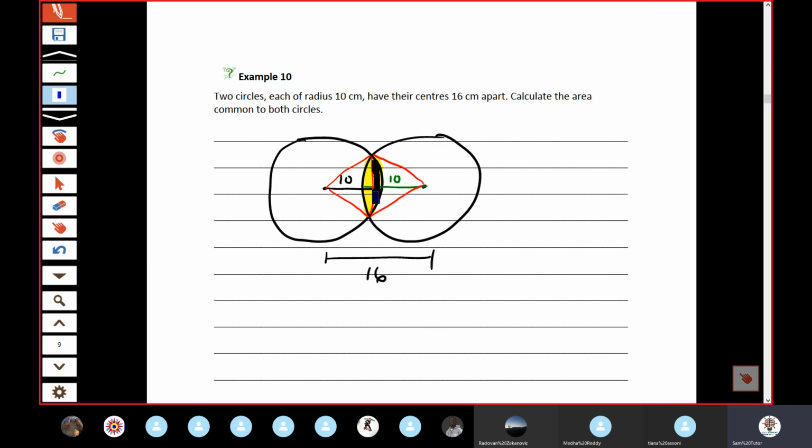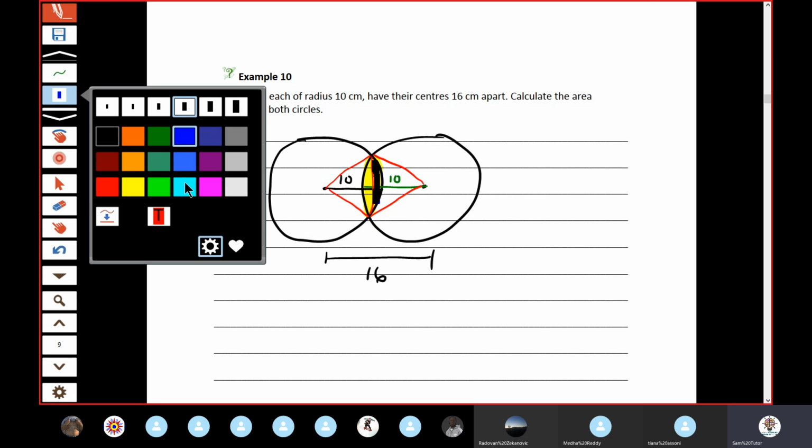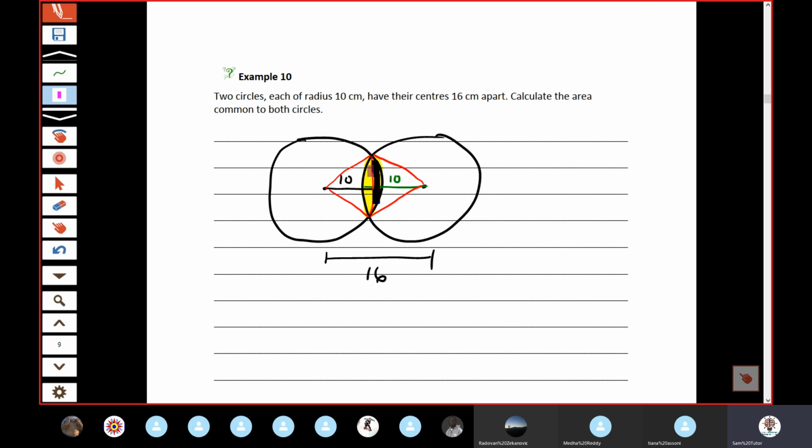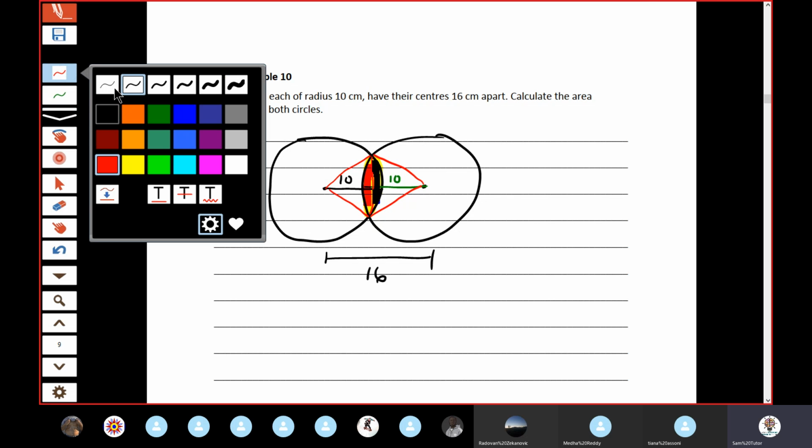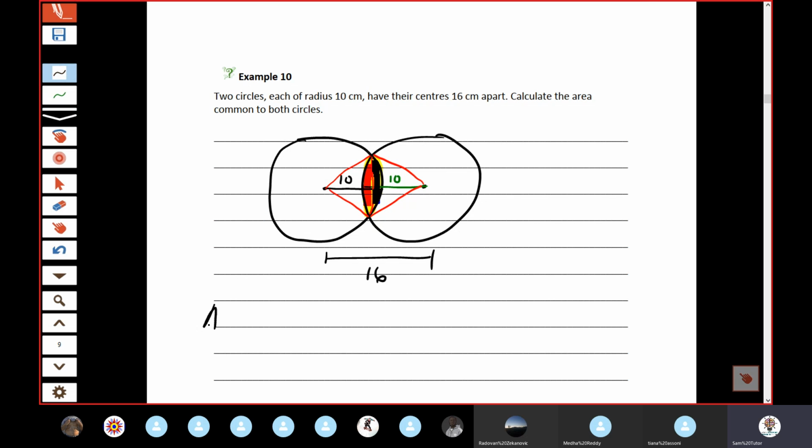I'm going to find this segment, this segment, and I'm going to find this segment of this triangle. Add them up, and I'm done. So that sounds easy, but let's see if we've got enough information for it.